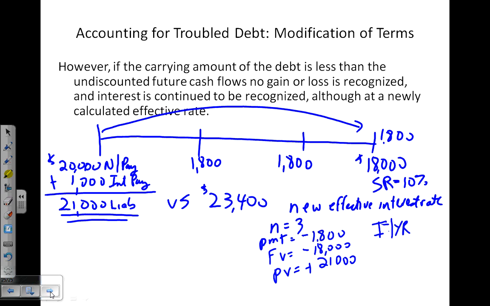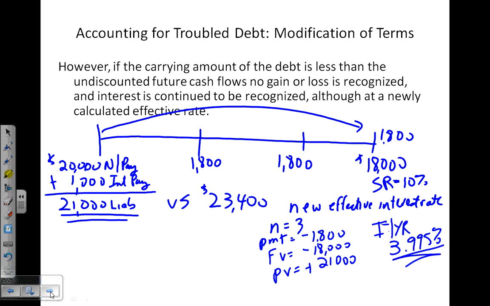And so I'll punch this into my calculator. N equals 3. 1,800 is my payment. 18,000 is my future value. 21,000 is my present value. Solve for interest rate per year, and I get 3.995%.